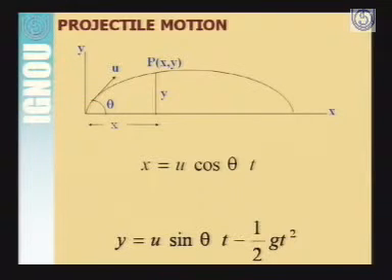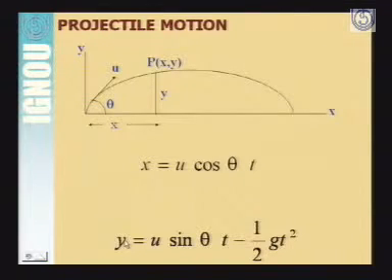In the x direction the displacement is x, and the velocity component in the horizontal direction is unchanged, that is u cos theta. At any moment, that is at time t, the particle is occupying this point P. So the horizontal displacement x is equal to u cos theta into t. In the vertical direction the displacement y is u sin theta t minus half g t square.